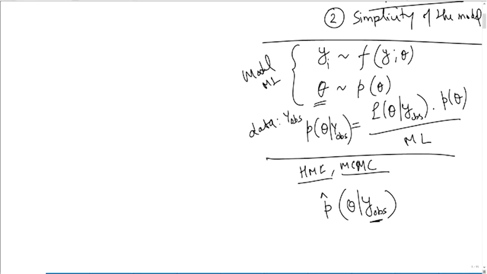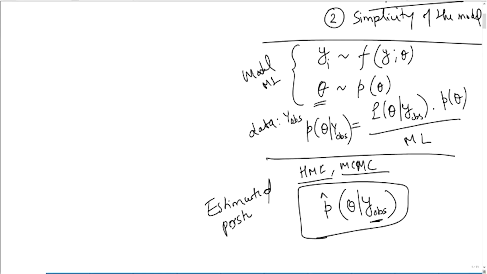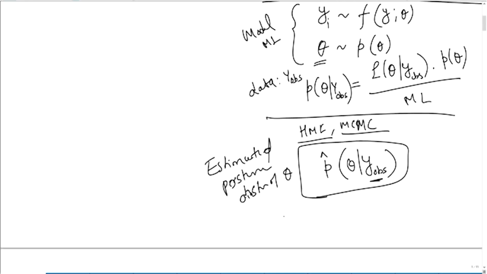So, I always write estimated distribution or estimated values using this hat symbol. I will call it the estimated posterior distribution of theta. So, after observing this data y obs, this is what I have estimated, right.